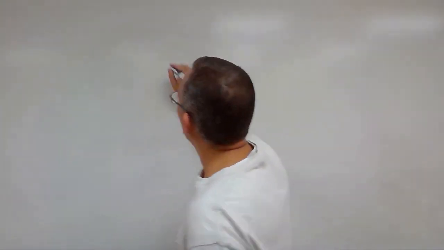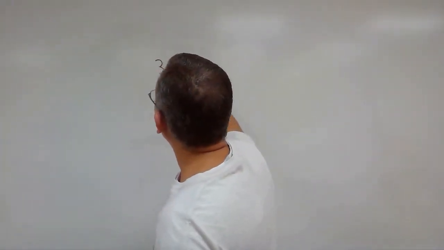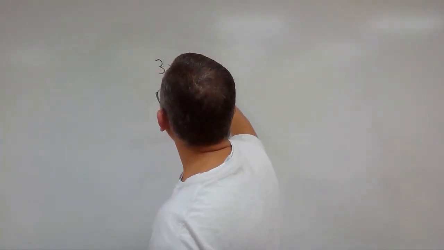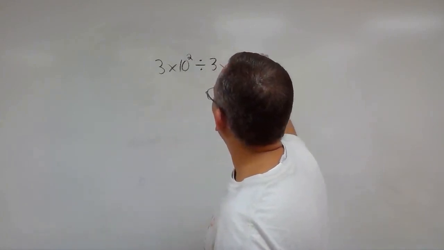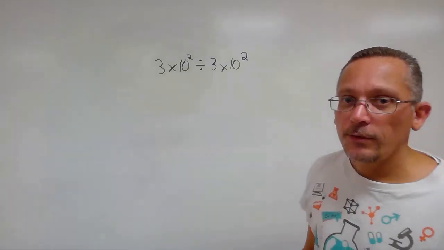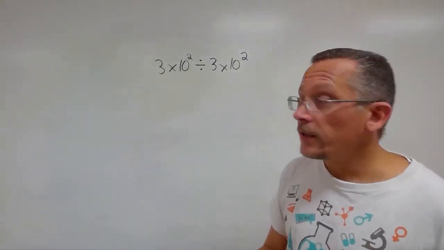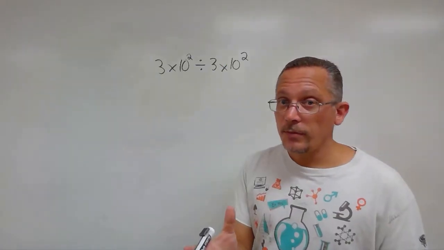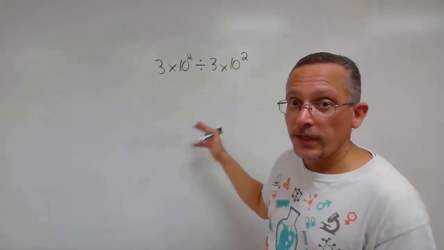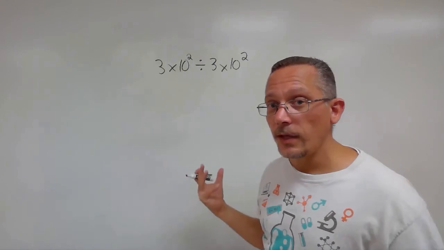Well, let me show you what I put in and why it's an issue. This is what I typed into my calculator. So my calculator is going to follow the order of operations. It's going to do multiplication and division at the same time from left to right.